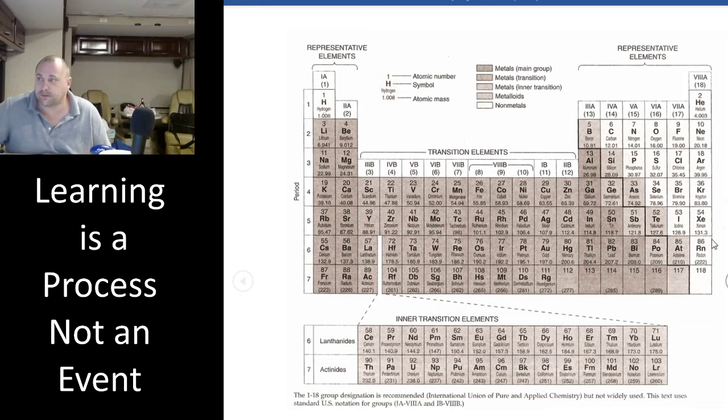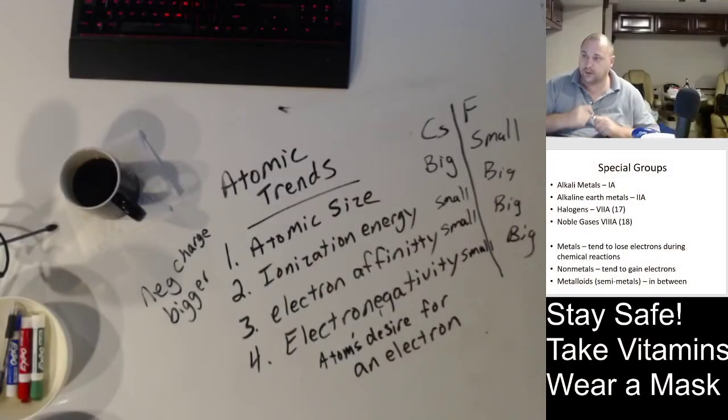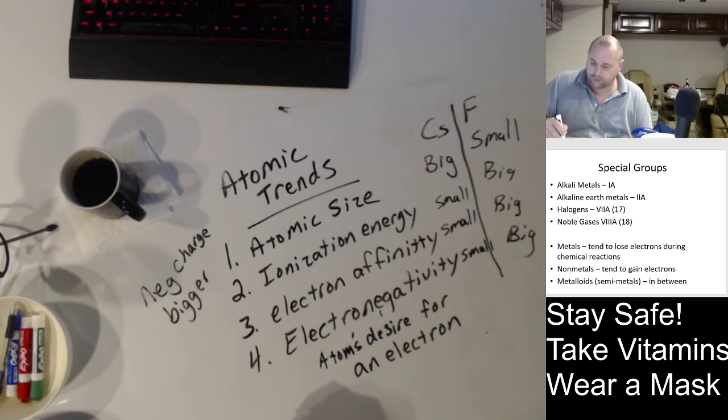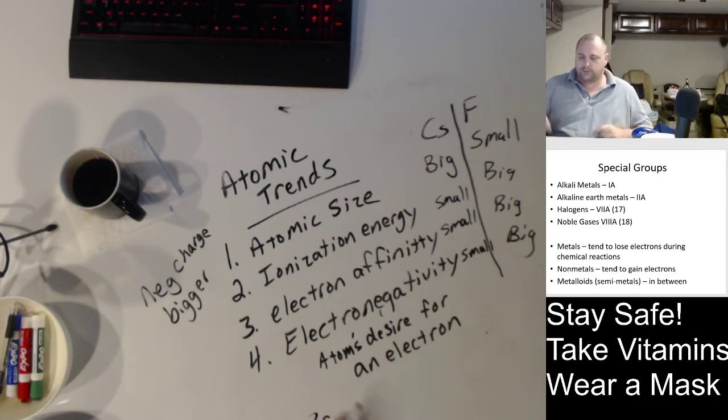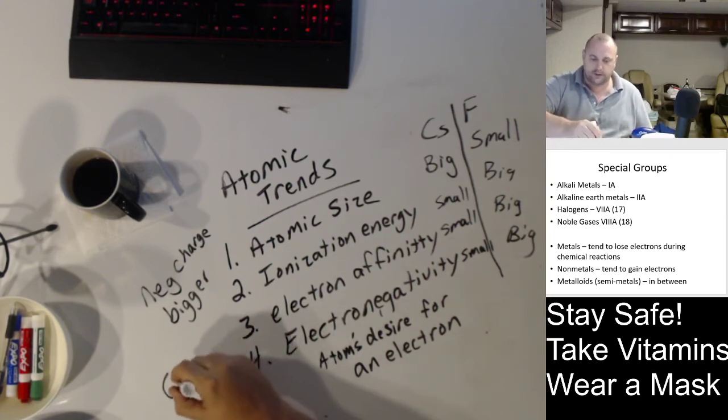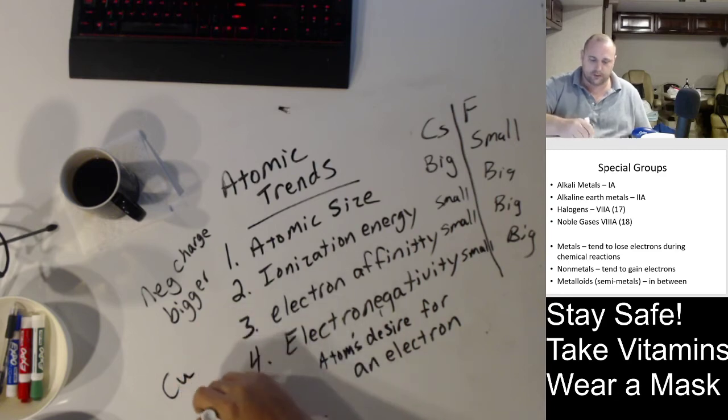Then it really is just a matter of if I gave you some elements. Let's say I gave you chromium and bromine, and I asked what. Well, you guys can't read that too far down. Let's do copper and bromine.